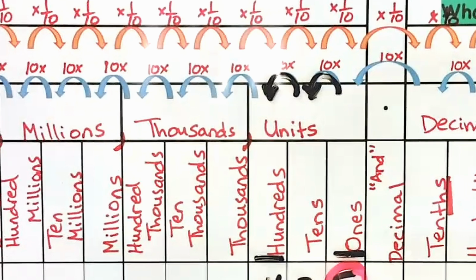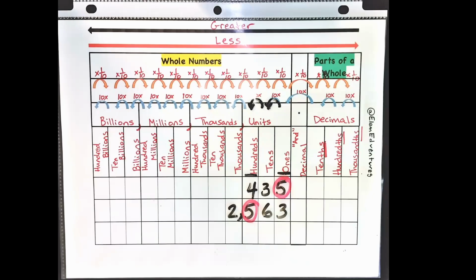Each time I move to the left, I'm increasing 10 times. Since I had to move 2 spaces to the left, I'm increasing the value 10 times 10, which is 100. That means the 5 in 2,563 is 100 times greater than the 5 in 435.